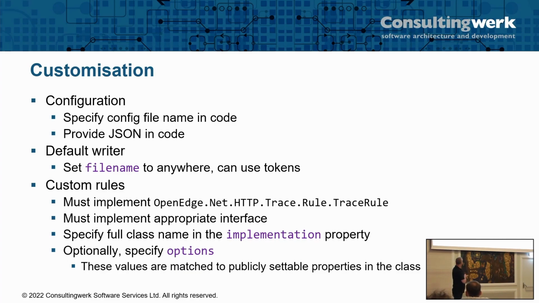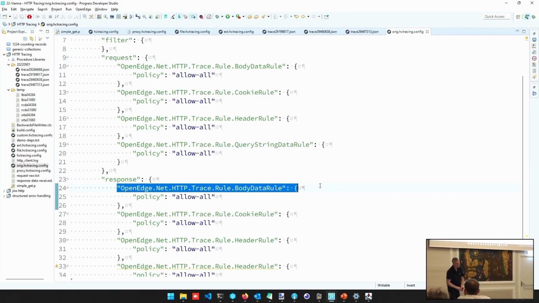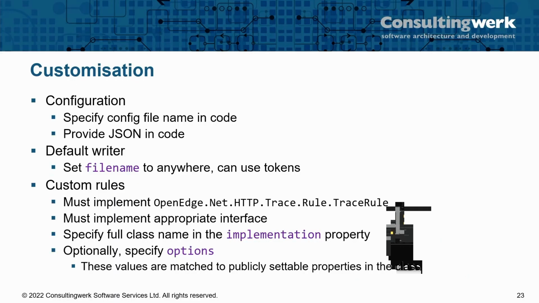Yes, so you can write your own classes in the implementation property for the custom rules. For instance, if we added a Consultingwerk something rule, you would write it in there, add a policy and exceptions, right? The standard interface to override those. So you can add your own rules.